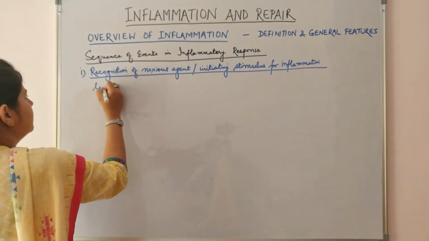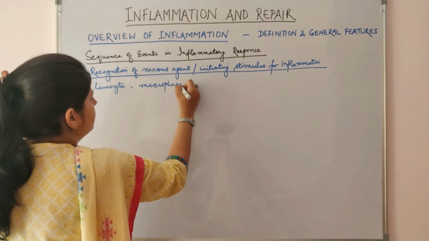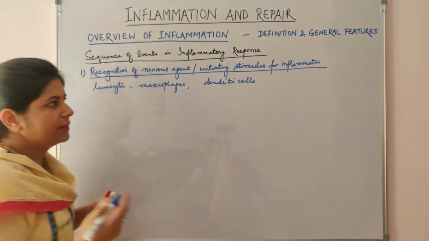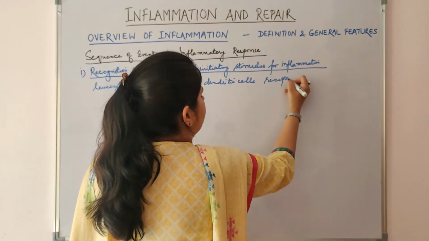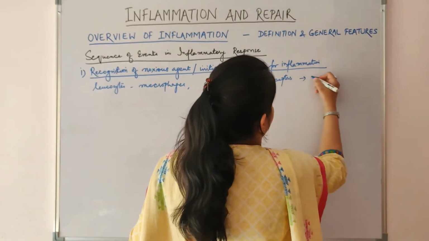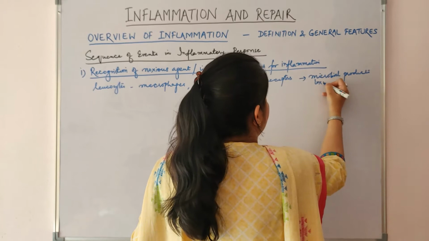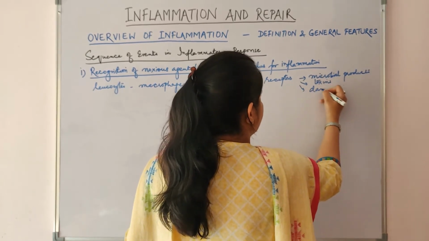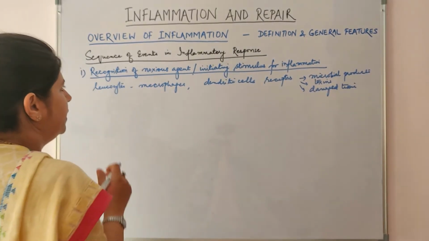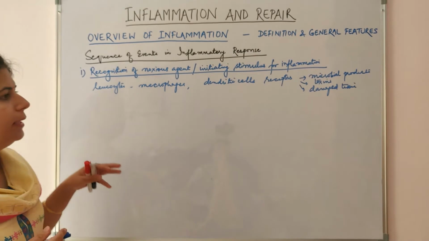Now the leukocytes, the macrophages, and also the dendritic cells have receptors to recognize the microbial products, the toxins, and the damaged or the dead or necrosed tissue.